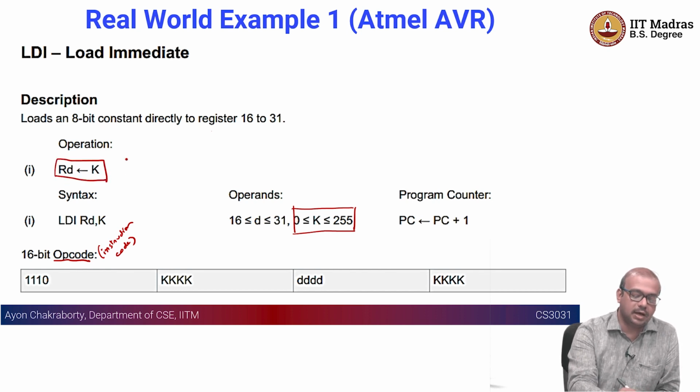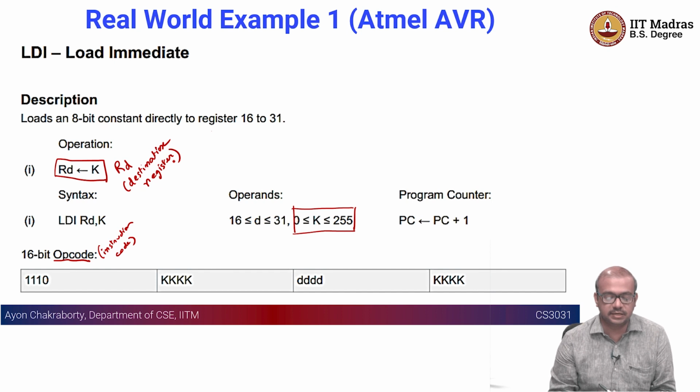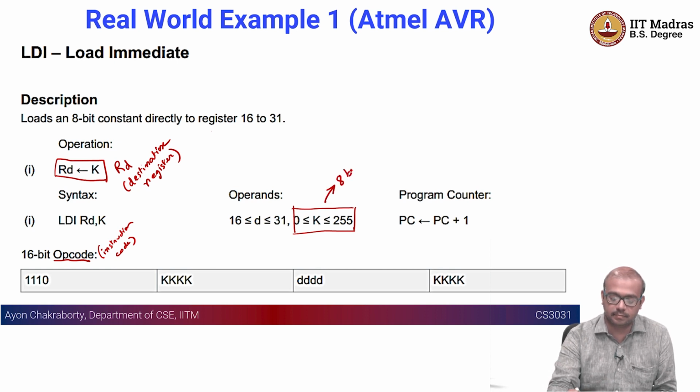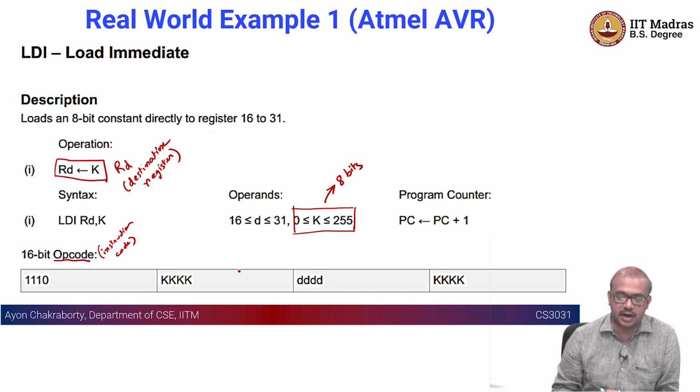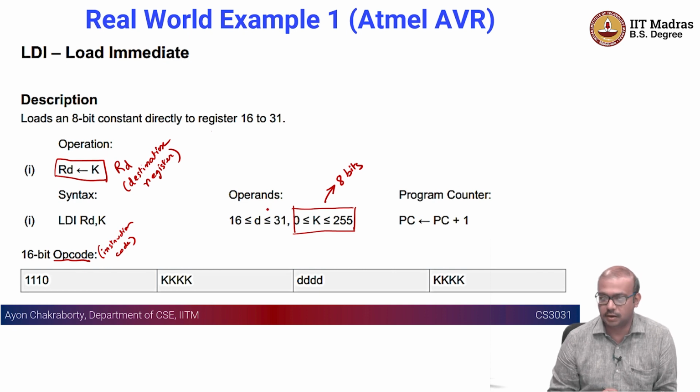Rd is your destination register, and Rd is going to have an address, and K has 8 bits. They are going to specify the immediate value. And d is the destination register's address, and d is going to vary from 16 to 31.